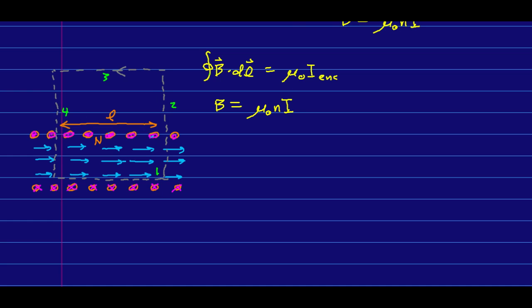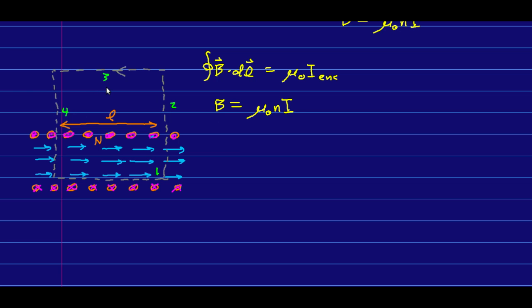And so that means the whole argument will play out the same, and I'll come up with the same B field. And no matter where I put the line 1 inside the solenoid, I'm going to come up with the same answer because it doesn't change the encircled current. And so what this is telling us is that not only is the field the same no matter where we look along the length of the solenoid, but it's also uniform no matter how far you look away from the center of the solenoid, as long as you're inside the solenoid.